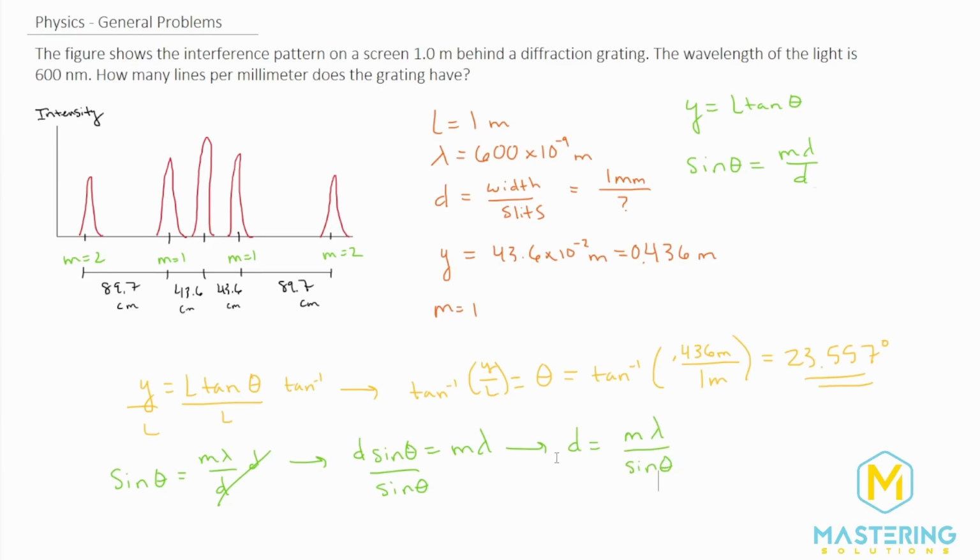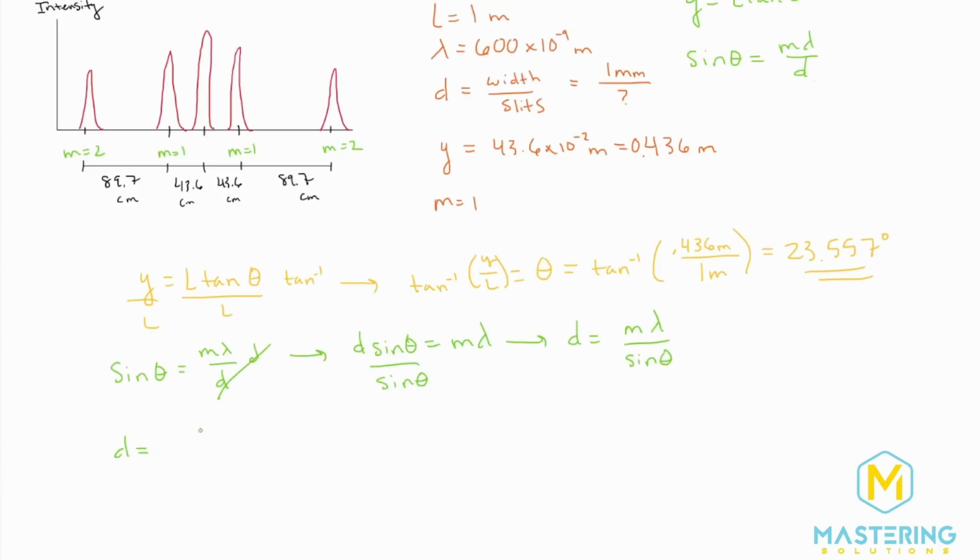Let me scroll down and give us some more room. So let's plug in all of our information here. We know m is 1. The lambda is 600 nanometers. And then all of that's divided by the sine of the angle, which we found was 23.557 degrees.